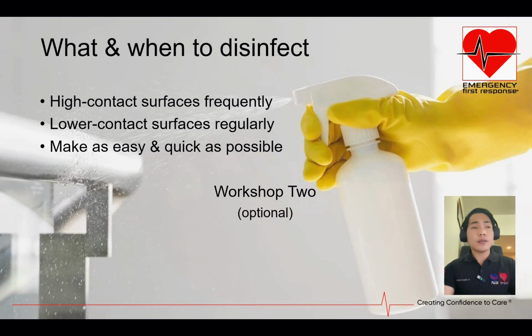So again, first, high contact surfaces frequently, lower contact surfaces regularly, to make it as easy and quick as possible. So again, disinfect high contact surfaces frequently, several times or more daily.